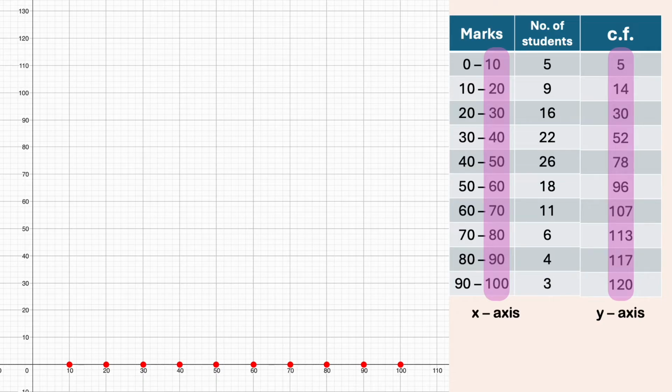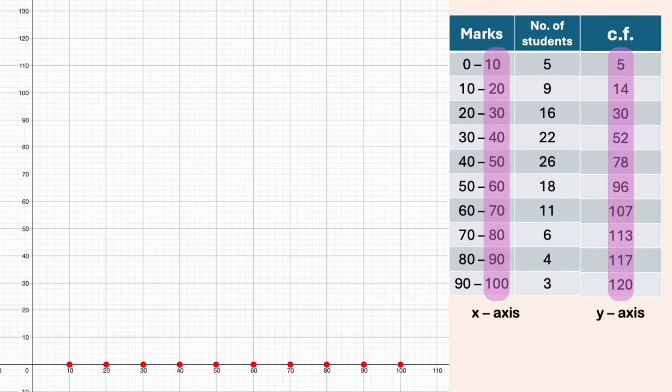So we take a suitable scale on the x-axis and we mark all the upper limits of class intervals. Similarly, we have to accommodate 120, the last cumulative frequency, on the y-axis. So we take a suitable scale and we plot the numbers on the y-axis.